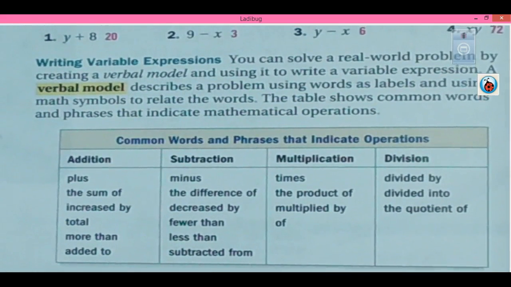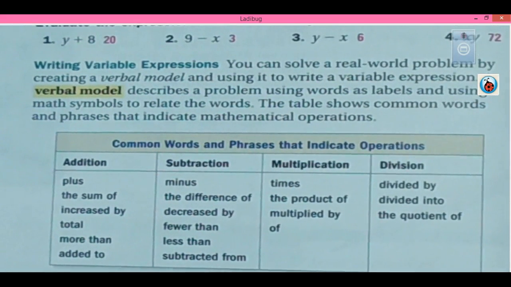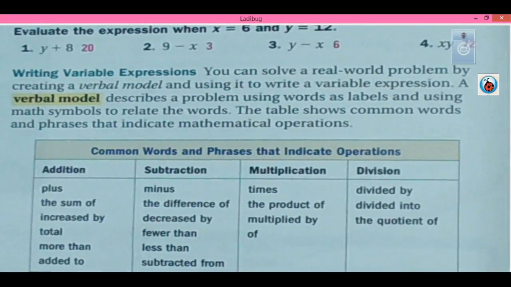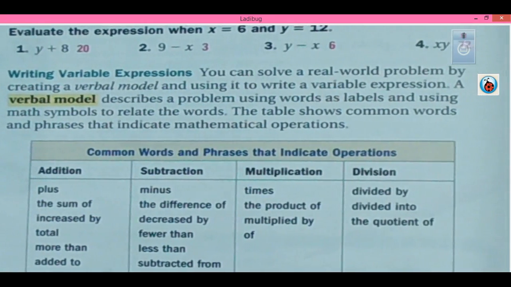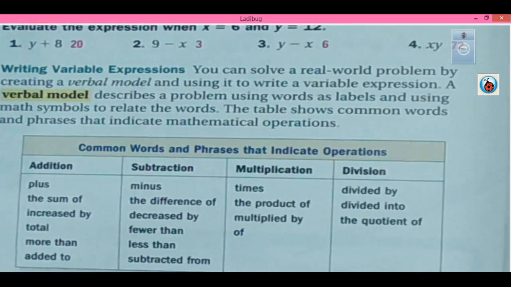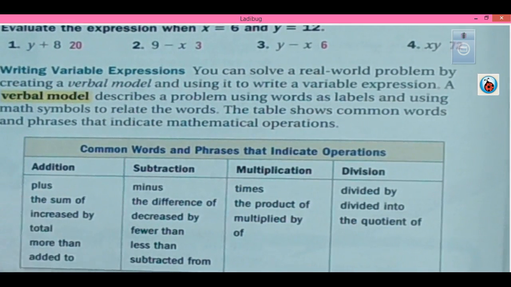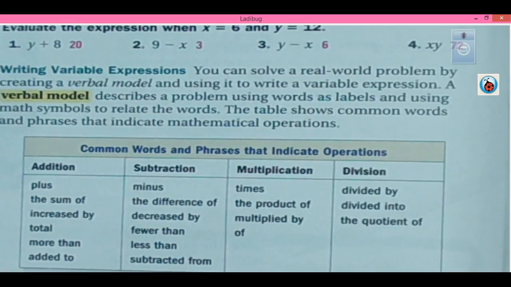So many times we have real world problems and we need to solve them. So here are common words and phrases that indicate operations. These are common words for addition: plus, the sum of, increased by, total, more than, and added to.